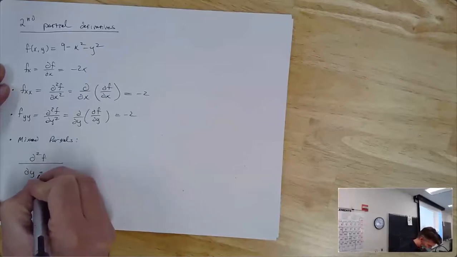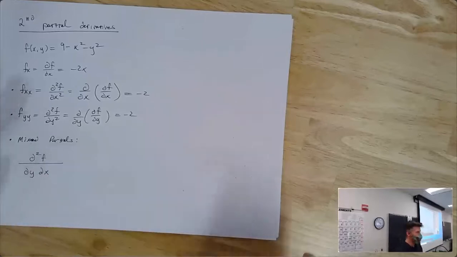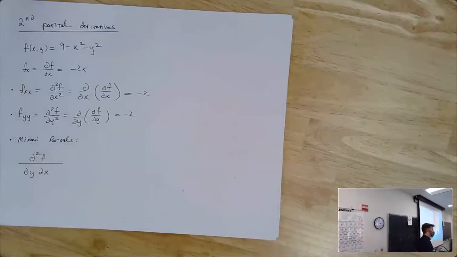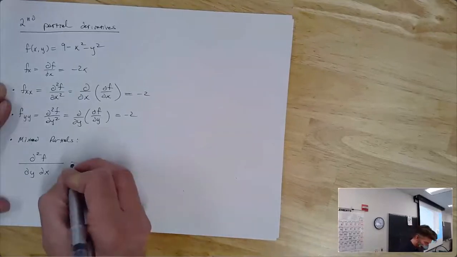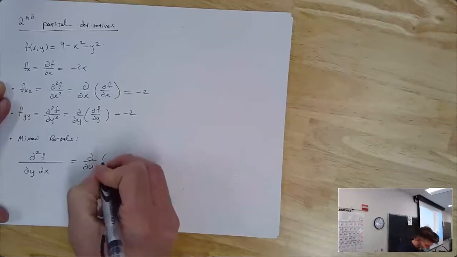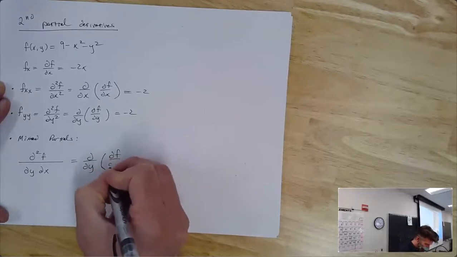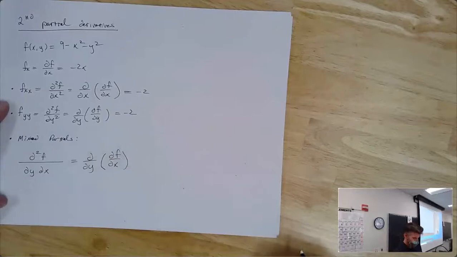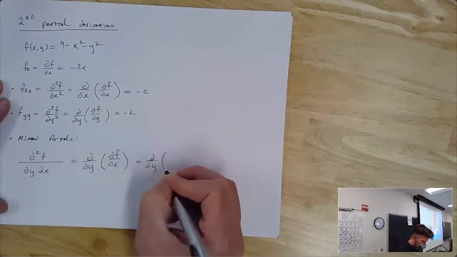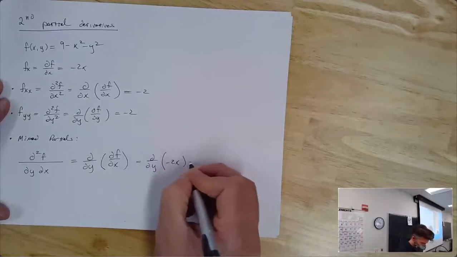Del squared f del y del x says we're first going to take the derivative with respect to x and then with respect to y. We read this derivative notation from right to left. It is the derivative with respect to y of the derivative with respect to x, which is going to be the derivative with respect to y of negative 2x, which is what?